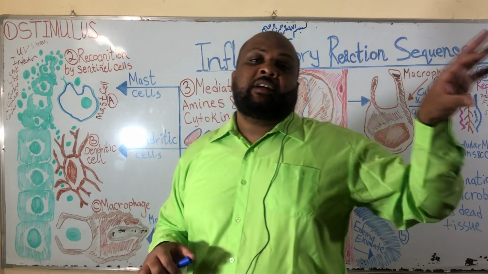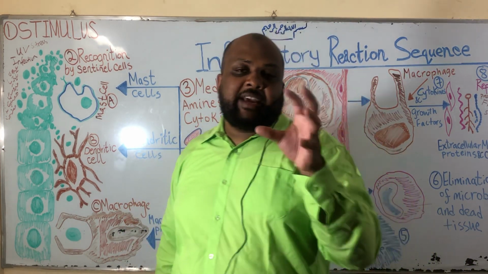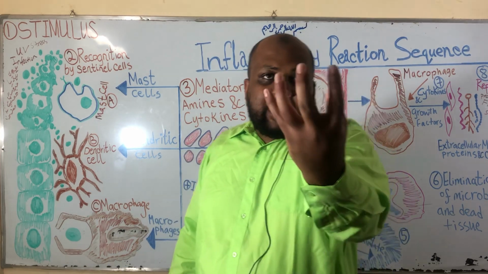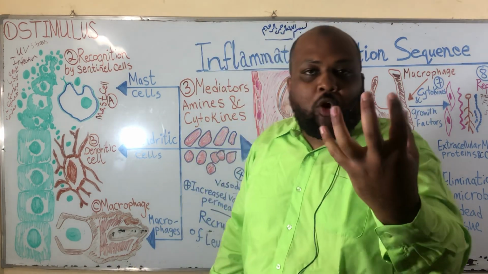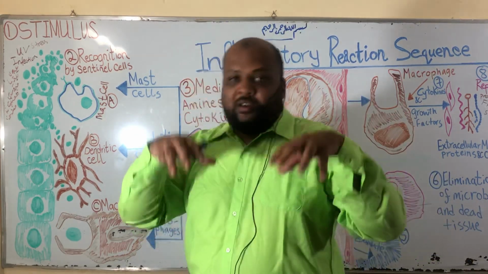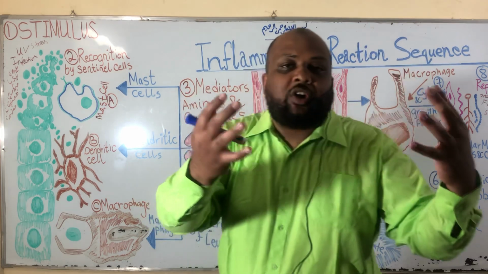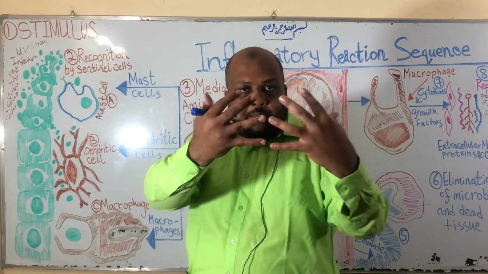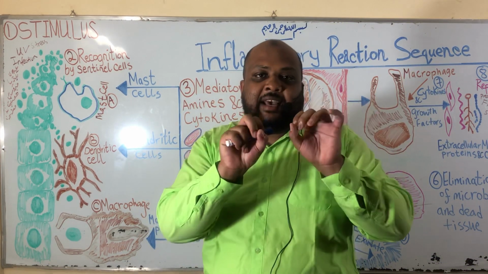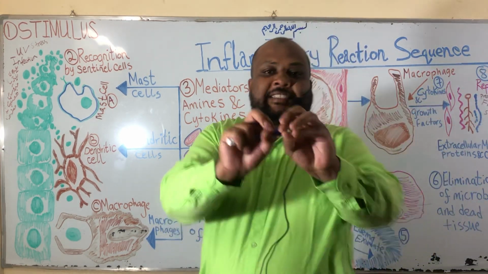So the third step is when mast cells, dendritic cells, macrophages, these sentinel cells secrete cytokines and mediators. These mediators go in the blood, and these cytokines, like a magnet, cause the immune cells in the blood to start coming towards the site at which these cytokines are being secreted by the sentinel cells.